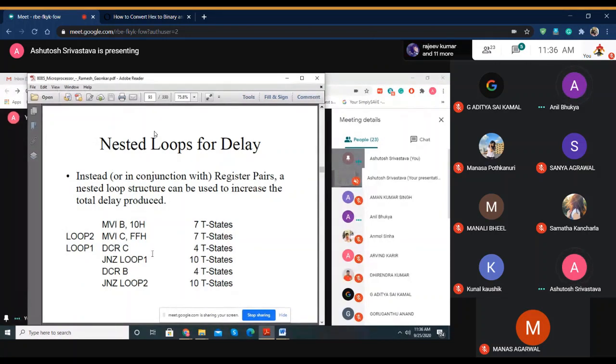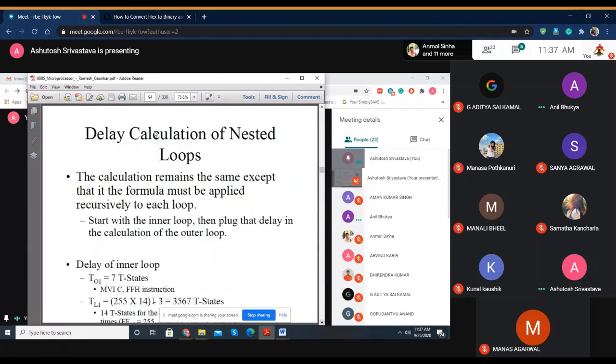So this loop, not the inner loop, but loop 1, is 14, because the value is FF. So that's why we are talking about 255. And the last one would not be having 10, so it is 7. So actually it is 3, 5, 6, 7. So this is the T states for loop 1.